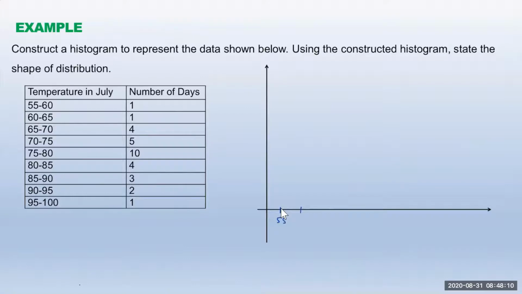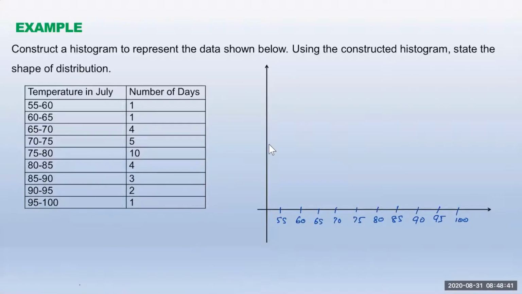The next one is 60 to 65, 65 to 70, 70 to 75, then 75 to 80, 80 to 85, 85 to 90, 90 to 95, 95 to 100. Those are the classes. 55 to 60 is the first class, 60 to 65 is the second class, and so on.